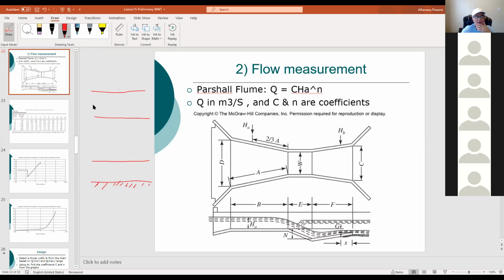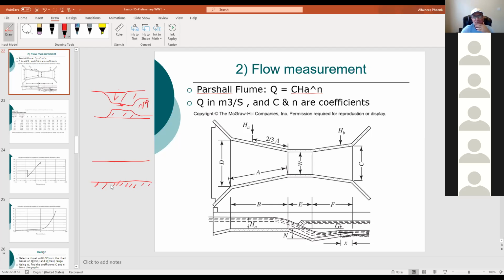The idea is if you make it a little bit narrower here, you increase the velocity. Make sense? When you make it narrower, you make your cross-section area less, and this would increase the velocity.